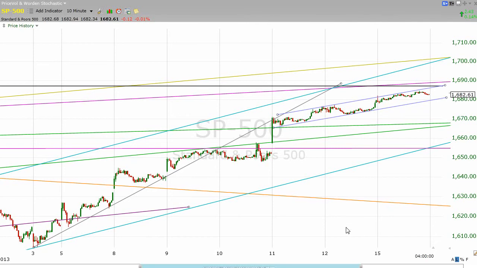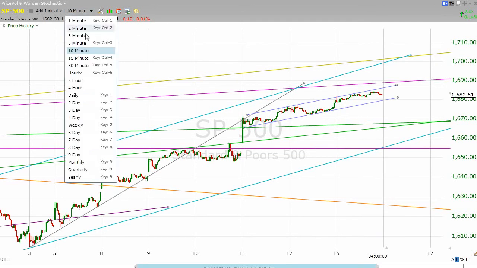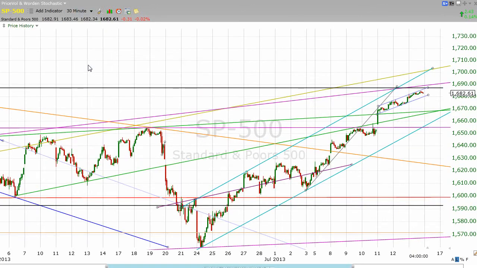Coming into today, we came out of our weekend video with the idea that we are in a fairly broad, fairly large ascending channel defined by these two, I guess we'll call them turquoise lines.